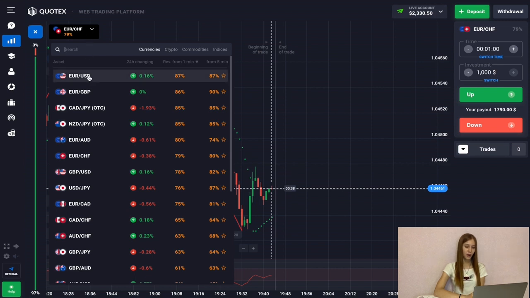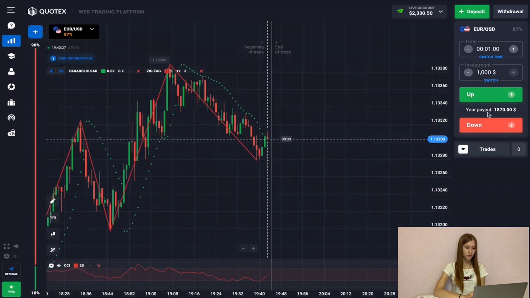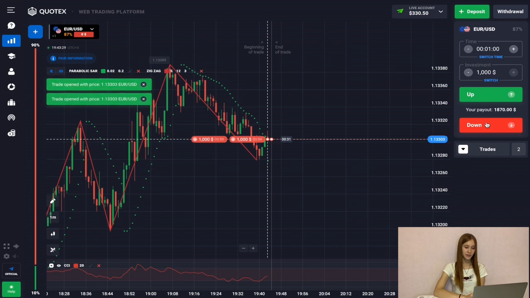as we now have a downtrend according to the movement of our CCI and the parabolic trend.